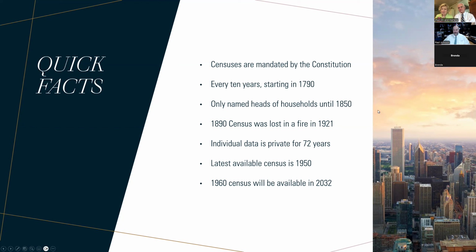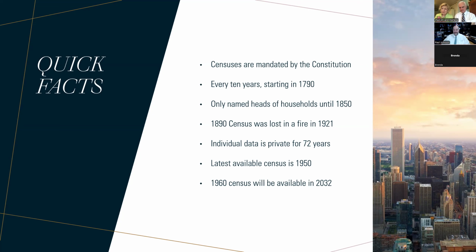So censuses before 1850 are not as useful as the later ones that have everybody's name on them. You can still find some good information in them, but it's a lot harder to know exactly who you're looking at. The 1890 census was lost in a fire in 1921, so you won't be able to find any information for the most part from that, which is a big tragedy.